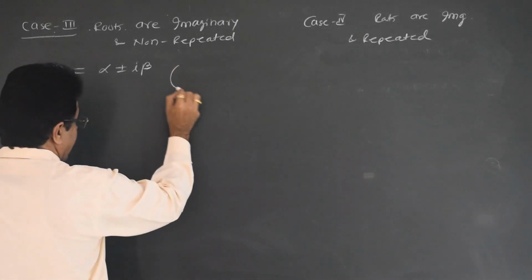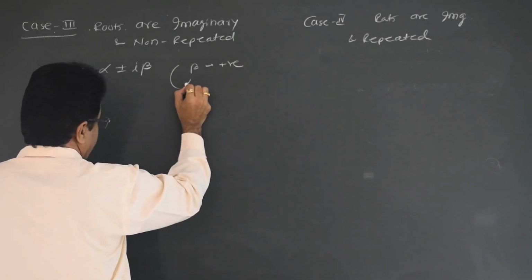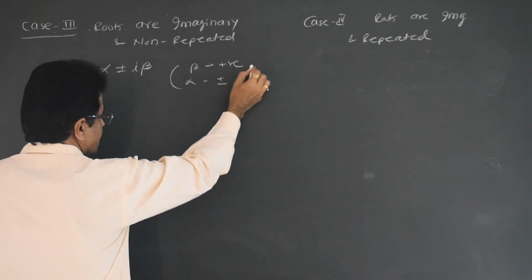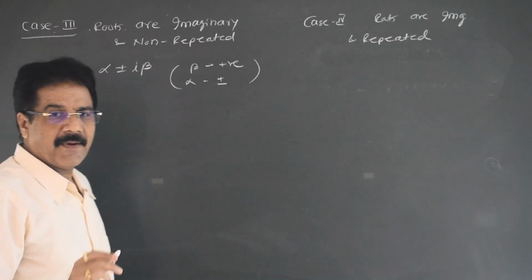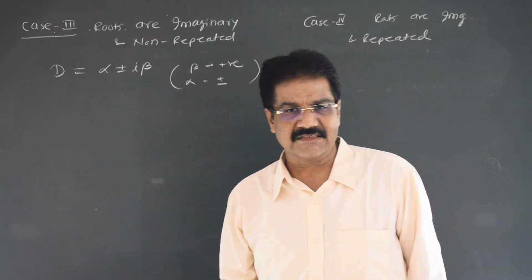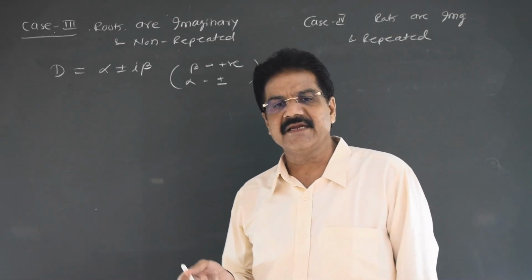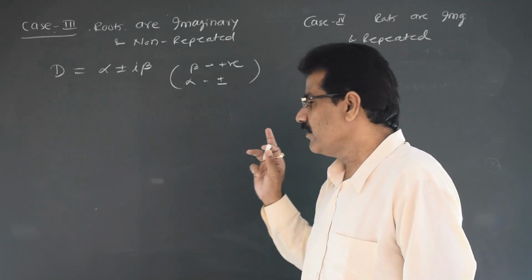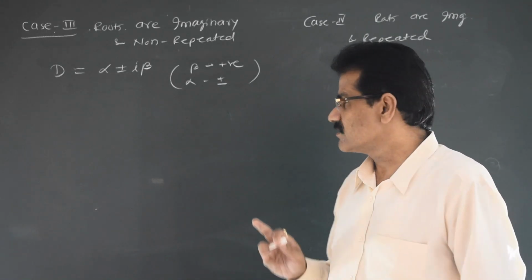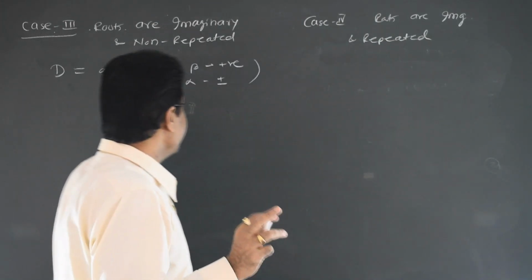Always remember that beta is all the time considered as a positive term, and alpha may be positive, may be negative depending upon the conditions. So alpha plus or minus i beta is there. So plus or minus is the sign not for beta but it is for i. In other words, whenever roots are imaginary, they are always complex conjugates of each other.